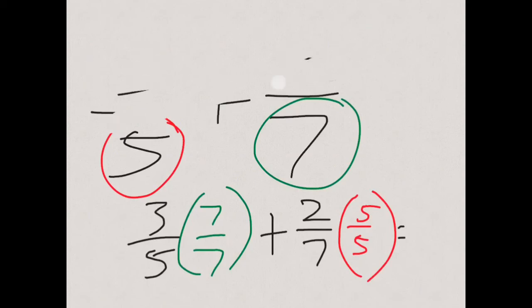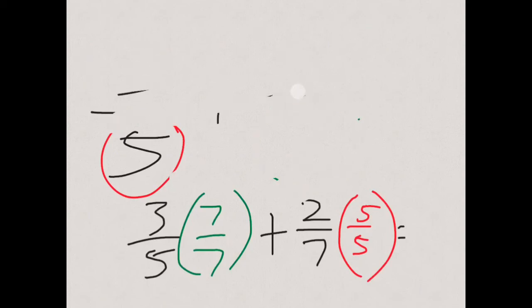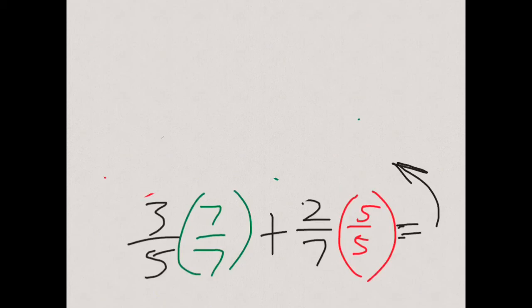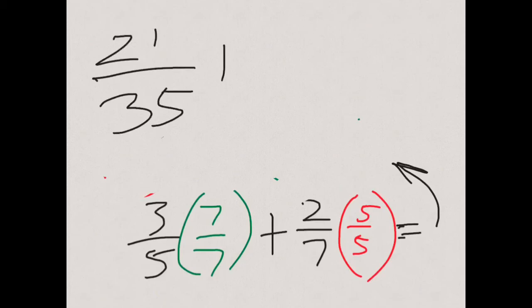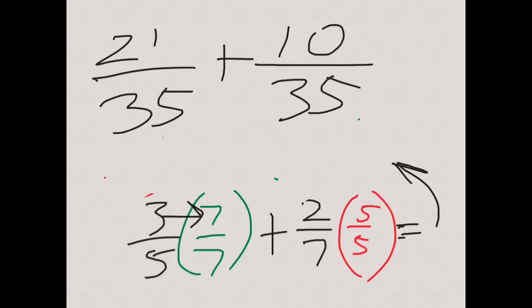Sorry, class, I write too big sometimes. Get rid of all this stuff right here. Sorry about that. So, if you look over here, I end up with 21 over 35 plus 10 over 35. Again, multiplying across, 5 times 7 is the same as 7 times 5. Combine them, you get 31 over 35.